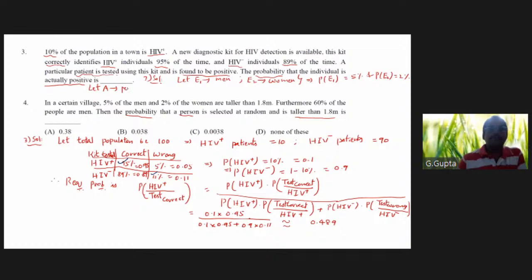Now, an arbitrary event. Let A denote the person selected is taller than 1.8 meters. From this, probability of A given E1: from the total men, the probability that a man is taller than 1.8 meters is 5%, given.